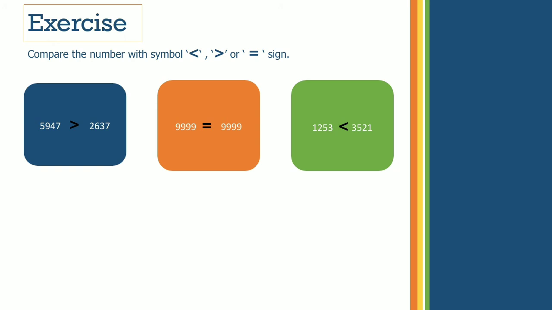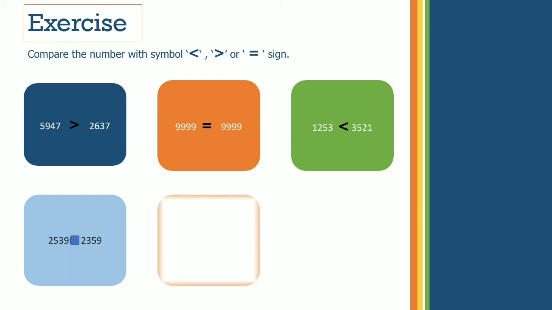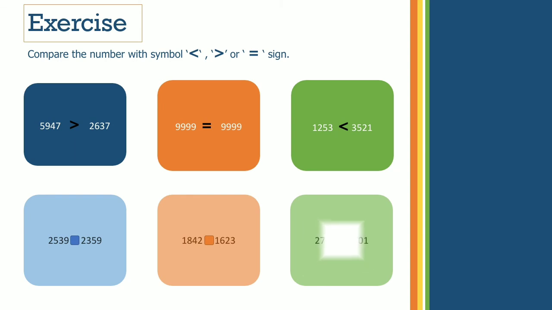So 1253 is less than 3521. So students, the remaining 3 examples you will do as homework. Compare the digits from the thousands place to the unit place, from the leftmost side to the right side, and put the correct symbol at their place.